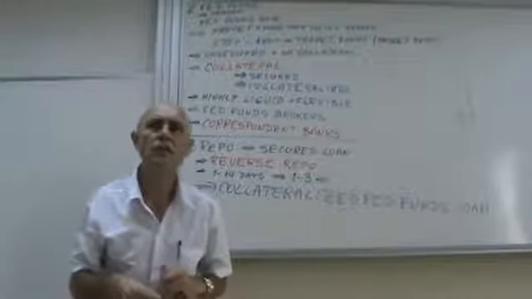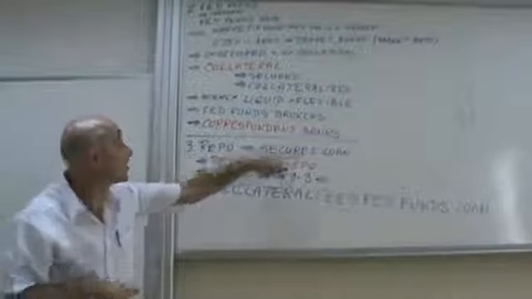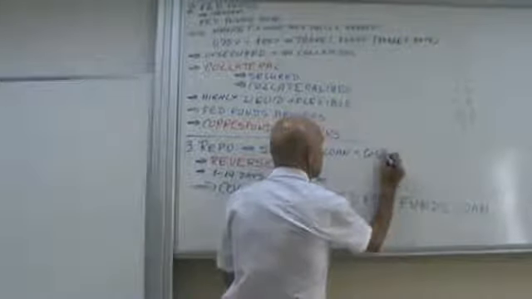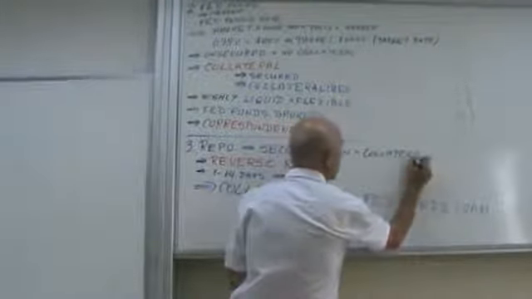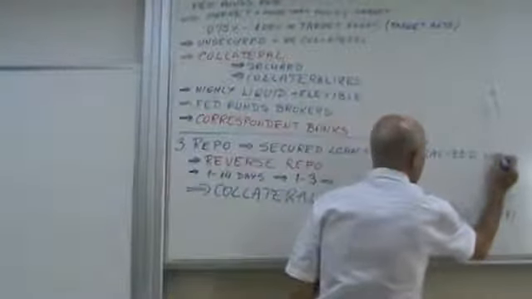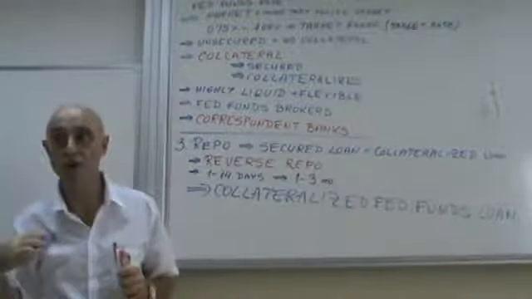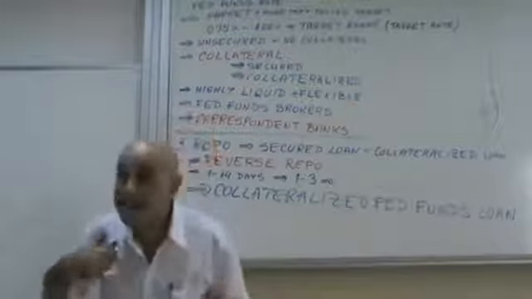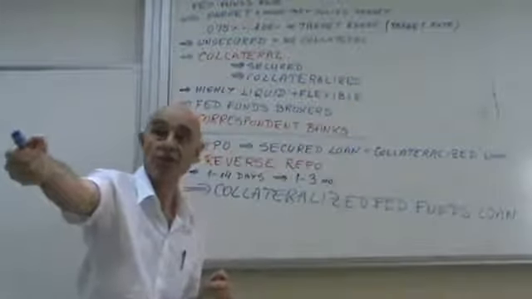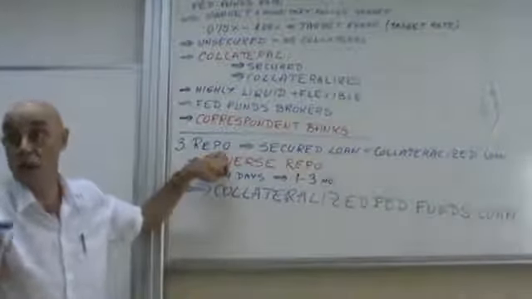So, can you explain how it works, like to use repo to collateralize the Fed funds? The repo is basically a secured loan. It's the same as a collateralized loan. So instead of me borrowing on the Fed funds from you, what I will do is I will sell you my securities in a repo, maybe a 3-day loan or even a 1-day loan.